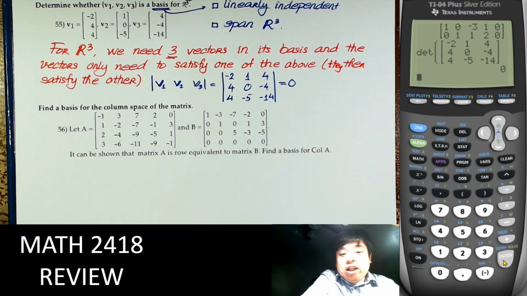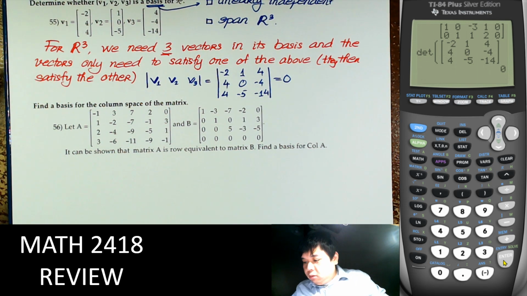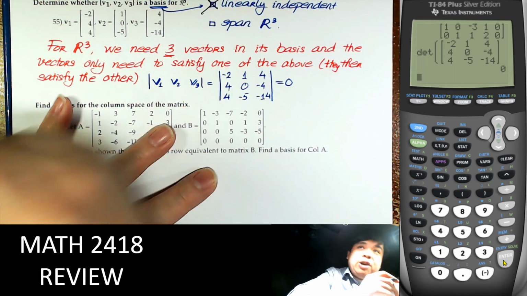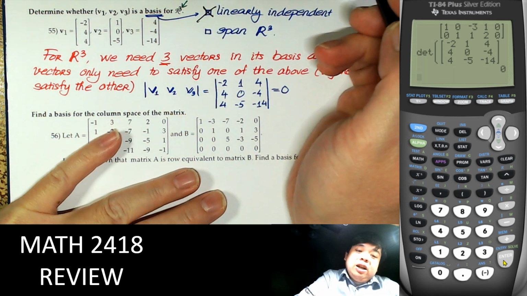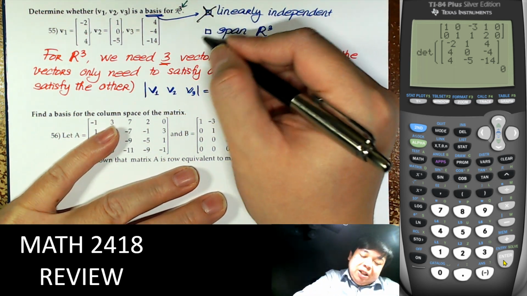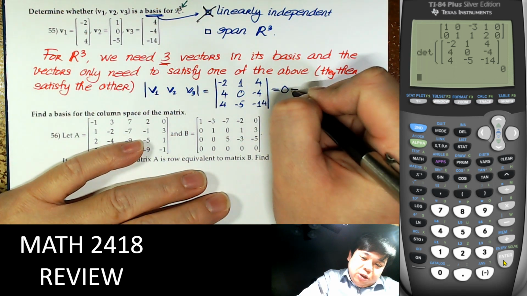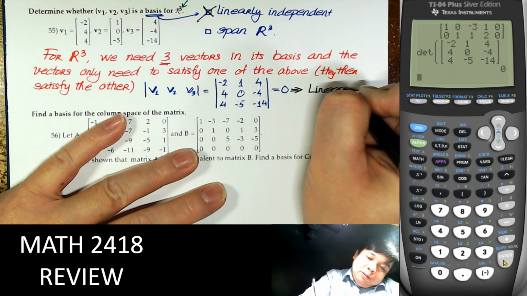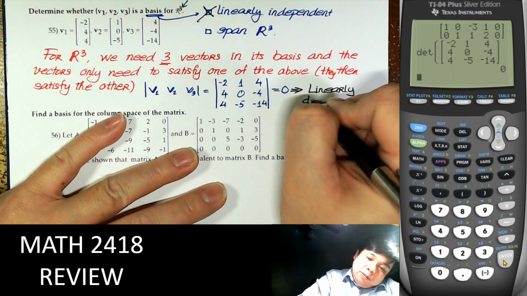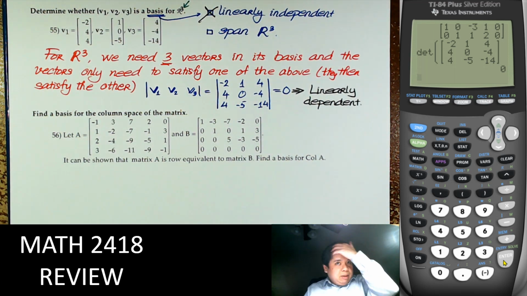That means they are not linearly independent. So this first one failed, so it cannot be the basis. If we check the first one, it will check the second box as well, because we have three vectors in R3. So the answer, this is equal to 0, so we say linearly dependent. Right, so that's pretty much it.